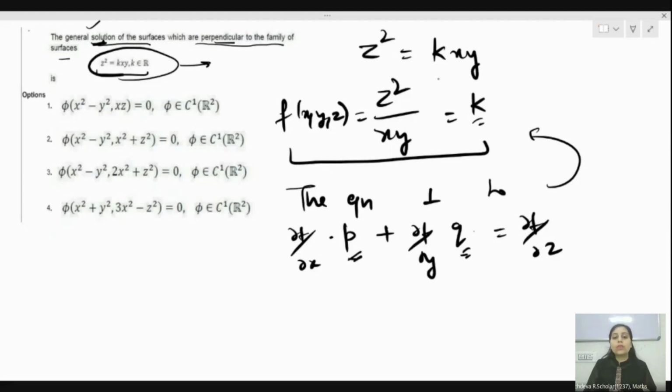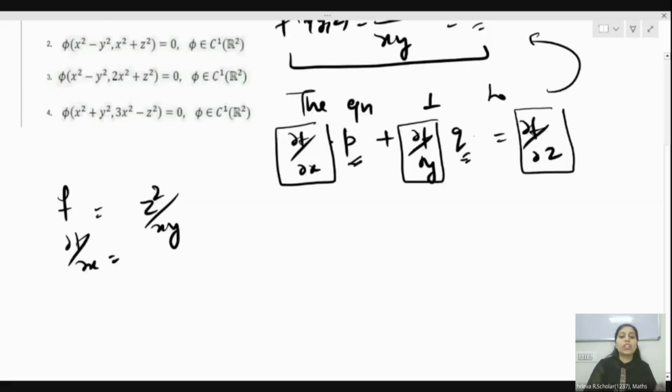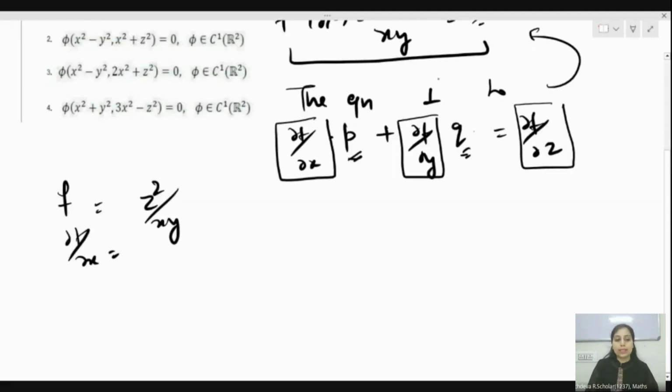So we want first curly f upon curly x, curly f upon curly y, and curly f upon curly z. Here we have f is equal to z square upon xy. So from here we can write curly f upon curly x, just the partial derivative with respect to x. Here x inverse, so getting a minus sign, then x square y.